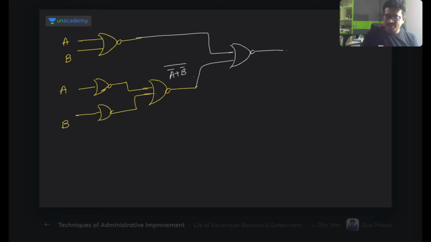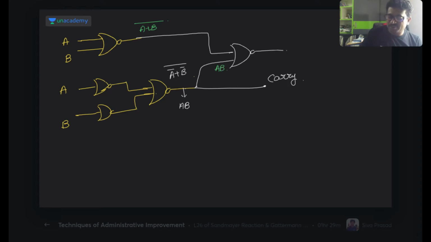Now here we'll get AB, so I can say this is the carry. Now you can tell me what we'll get here. This is A plus B whole bar. Here this is AB, isn't it?